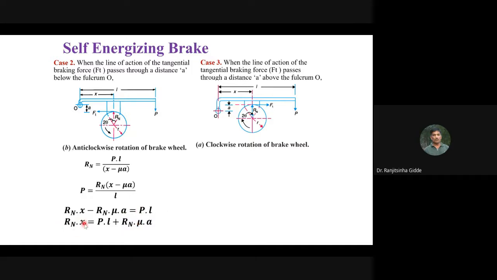So Rn into X is equal to PL plus Rn mu A. On the left hand side is the applied force through distance X, and this is the added force.